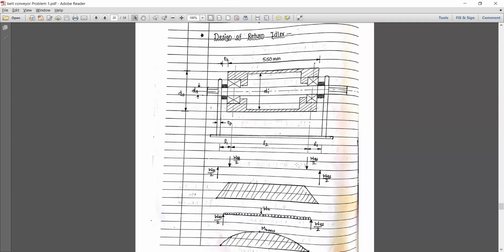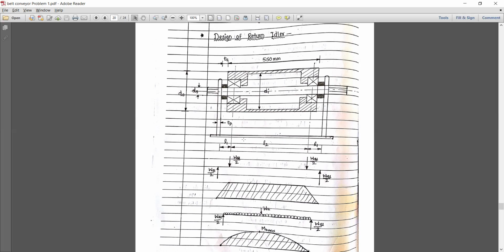Now similarly for the return idler, the number of return idlers is less as compared to the top run idlers or troughing idlers, because the application of return idlers is only to give support to the belt.